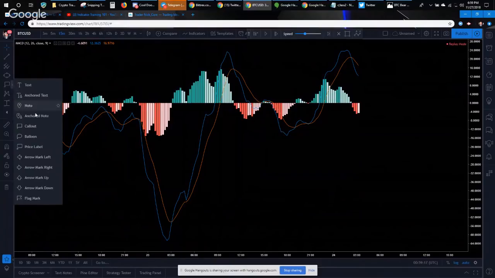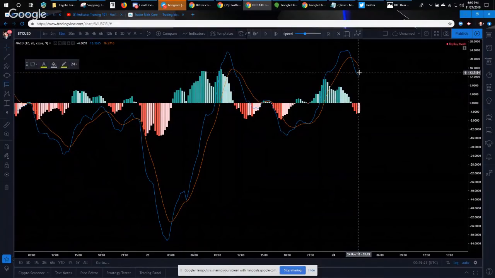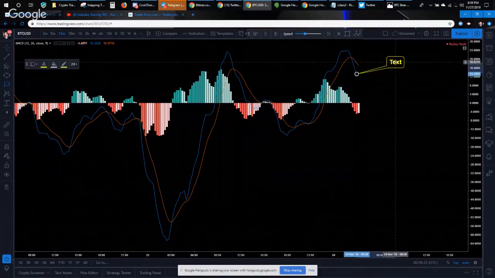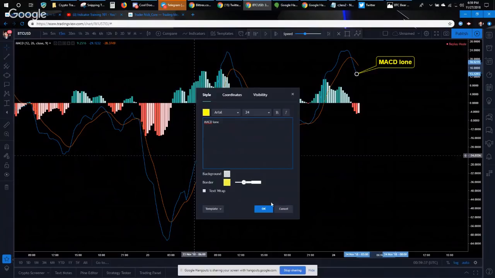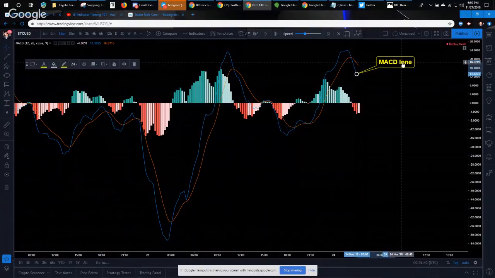So we are going to label this for you guys, because the MACD is kind of complex here. Whoops, not MACD loan.